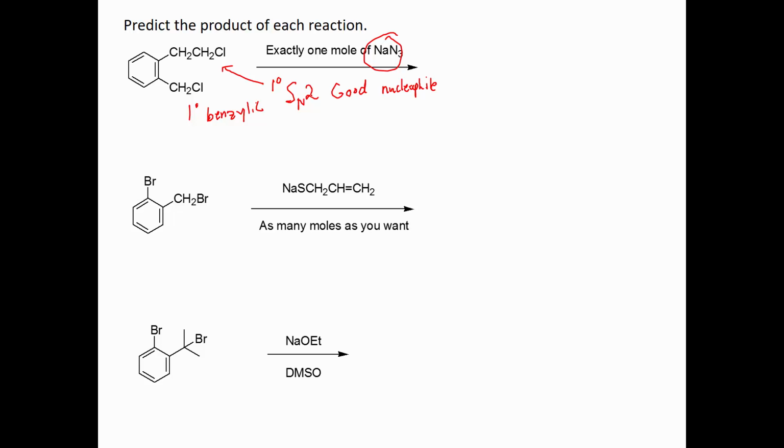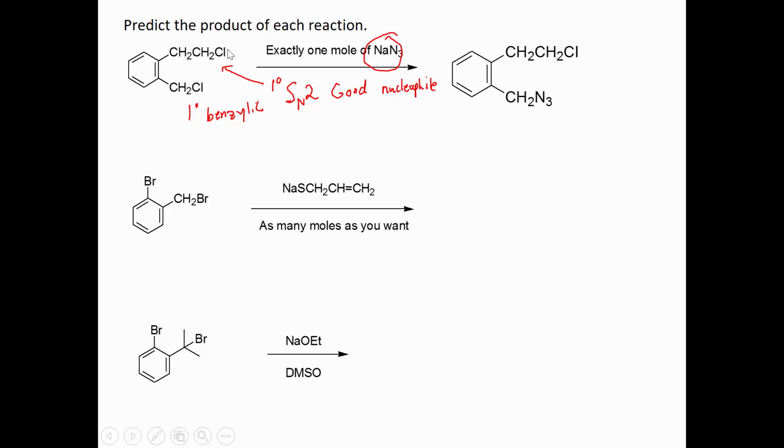Remember, benzylic positions are activated relative to simple primary positions, and the expected product with 1 mole of sodium azide would be the benzylic azide that you see right there. Okay? All right, so that's our expected product of this one. We should see preferential reaction at the benzylic position if we're comparing benzylic and primary versus just primary.